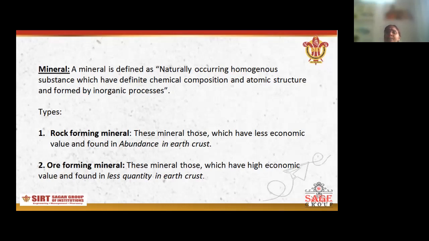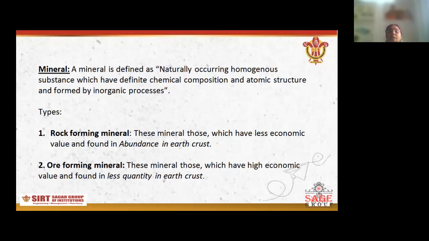You can see sandstone is mainly composed of quartz. It is found in abundance on the earth crust. On the other hand, ore forming minerals are those types of minerals which have high economic value and are found in less quantity in the earth crust, and because they are found in less quantity, that's why they have high economic value.